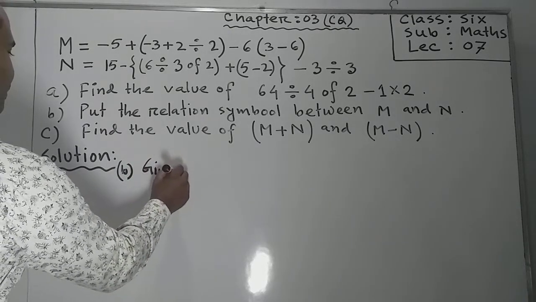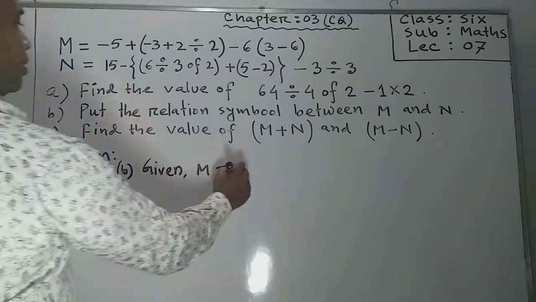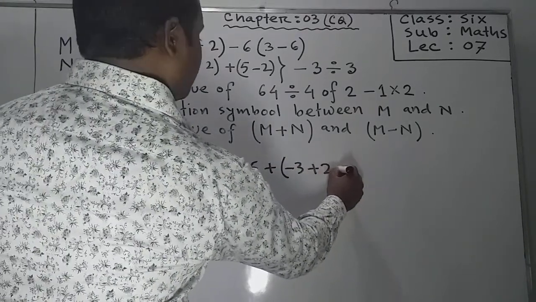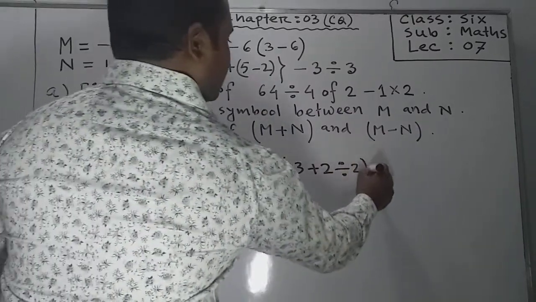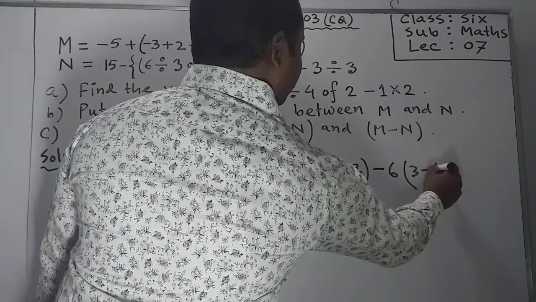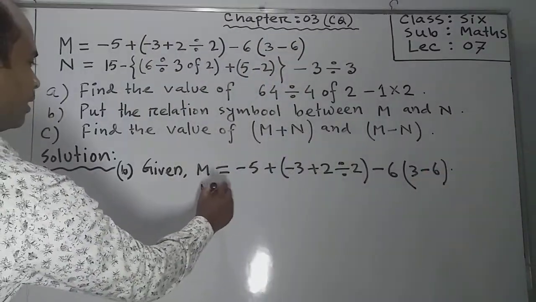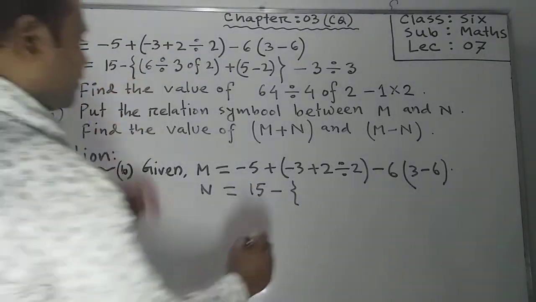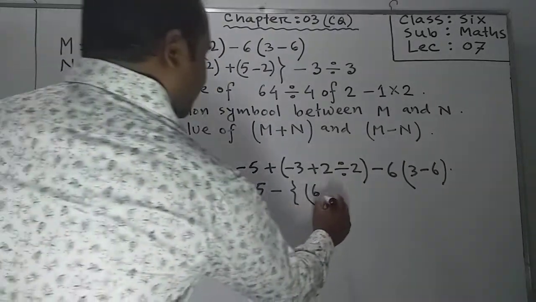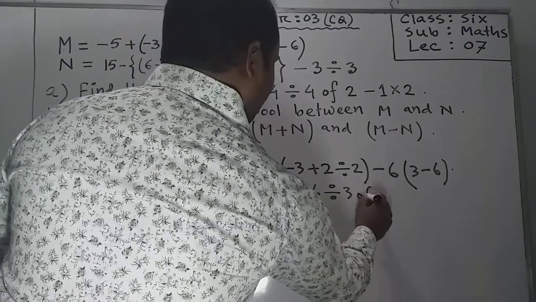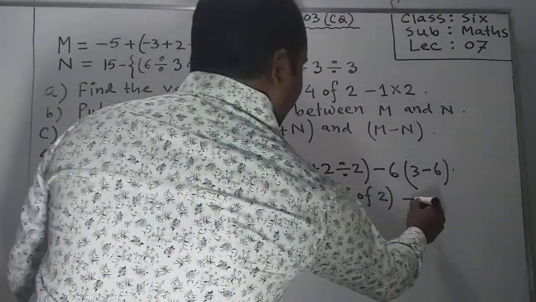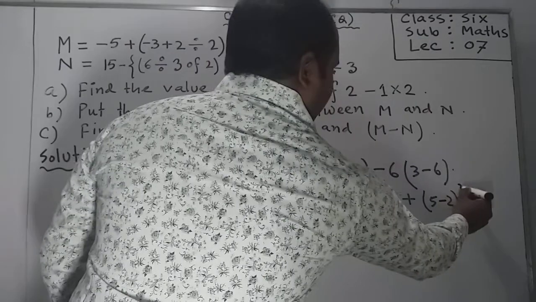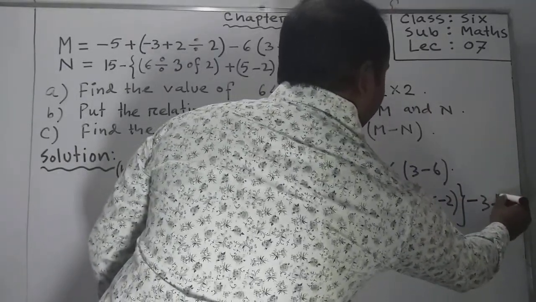Given: m equals minus 5 plus, bracket, minus 3 plus 2 divided by 2, minus 6, 3 minus 6; and n equals 15 minus, second bracket, first bracket 6 divided by 3 of 2 plus 5 minus 2, second bracket closed, minus 3 divided by 3.